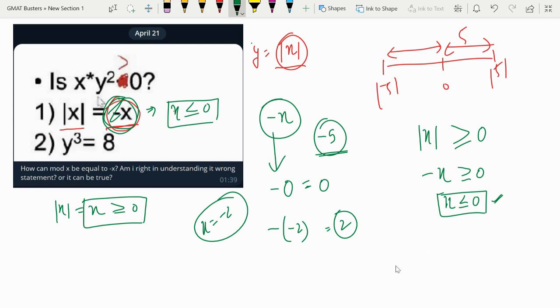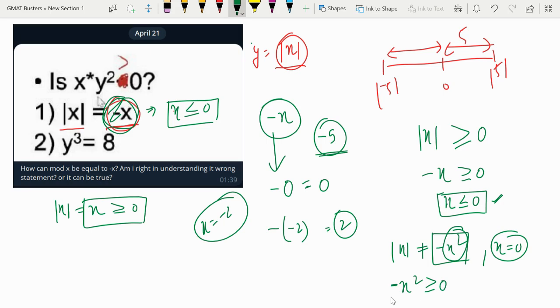So in other words, yes, it can be, when the condition is that x is 0. So again we have to do it like this. Do not consider x square as positive. Just say x square, we know it is positive or equal to 0. Now if I am saying minus of x square, as per mod x, it cannot be negative.